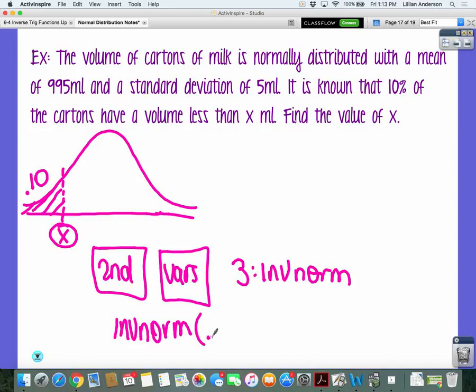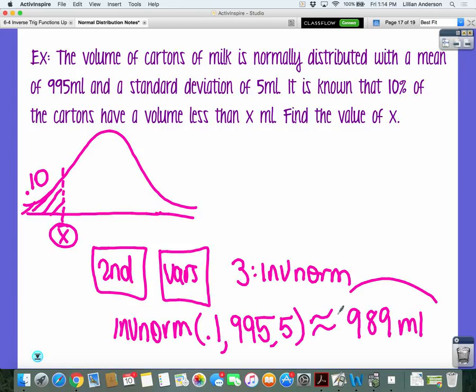So your area is 0.1, and area means area underneath the curve. What's our mean? 995. And what's our standard deviation? 5. Close it out, click enter, and we will get our x value, which is 989 when we round to 3 significant figures.